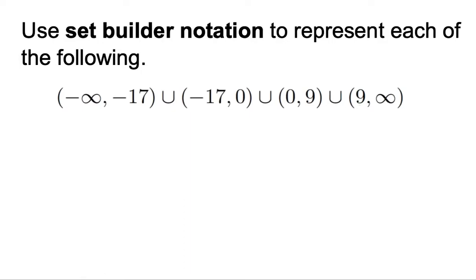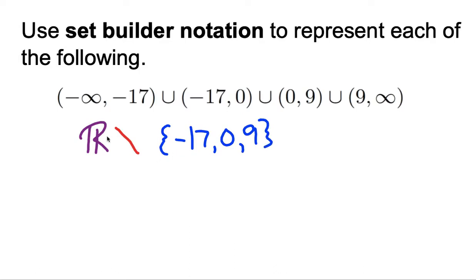So set builder notation would allow us to say you have the set of all real numbers, excluding, and then we're excluding a list. So we use curly brackets for that list, negative 17, 0, and 9. So all real numbers excluding negative 17, 0, and 9 is the same as this interval notation up above.